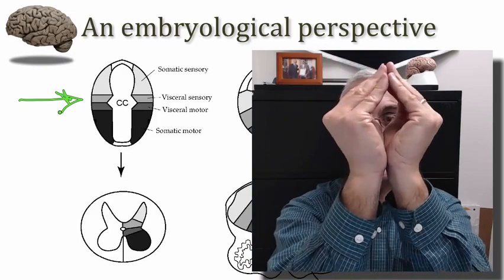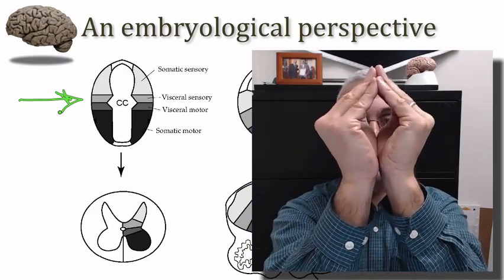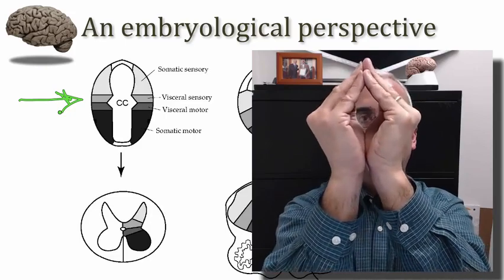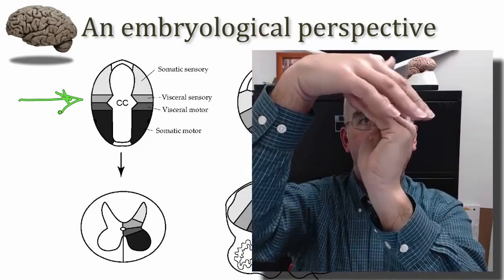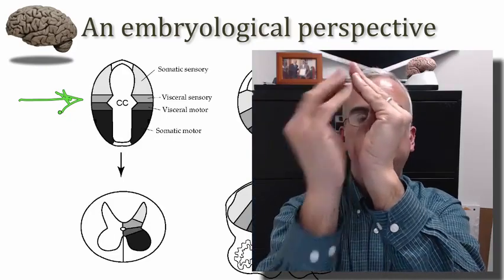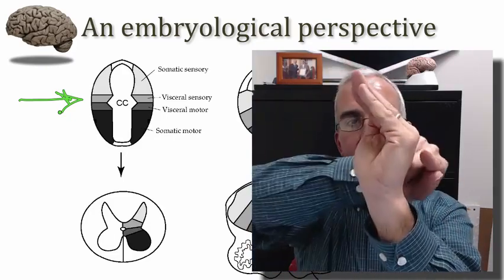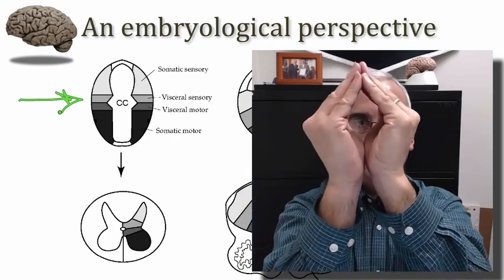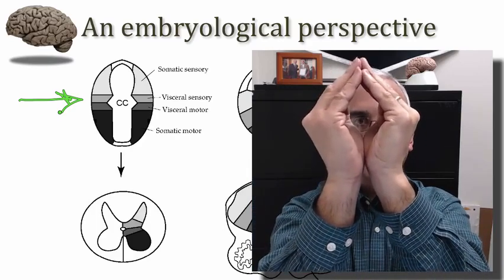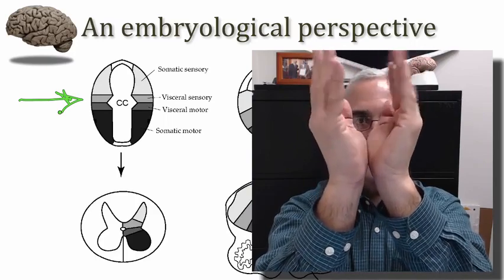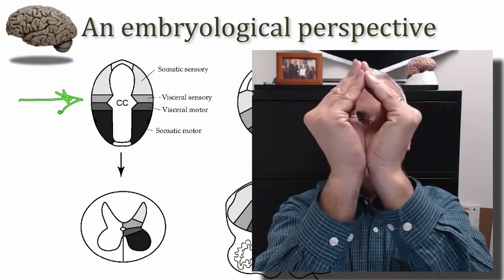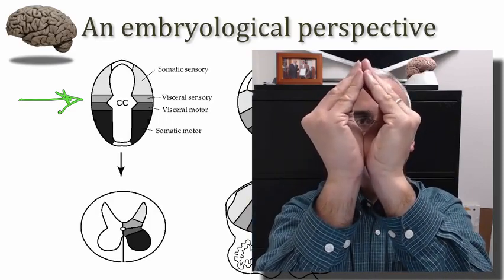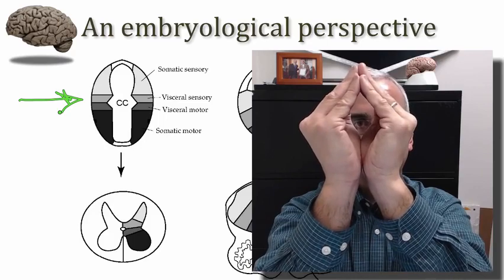Near the junction of our palms and our digits. So the knuckles would represent the visceral elements, with the visceral sensory elements right on the top of our knuckles and the visceral motor elements just on the anterior or ventral aspect of the knuckles relative to this cross-section. So we've got somatic sensation dorsal, somatic motor control ventral, and along the ridges formed by our knuckles we have visceral sensory and visceral motor.